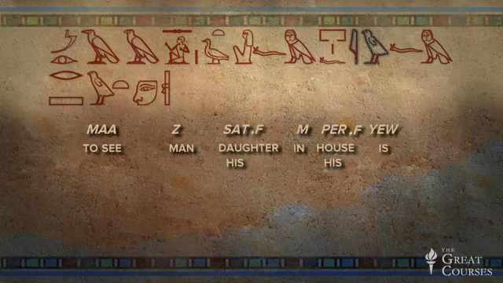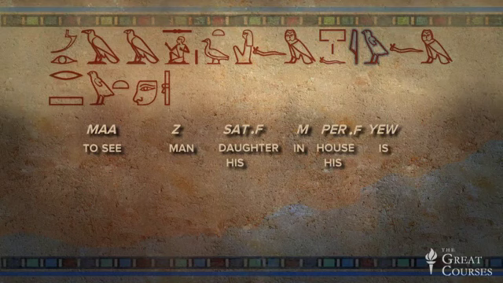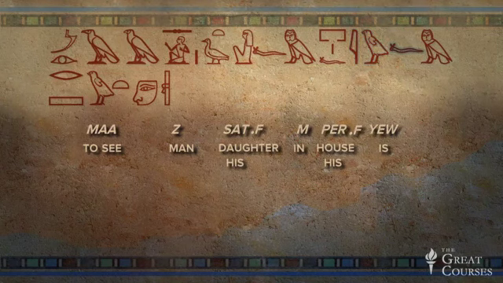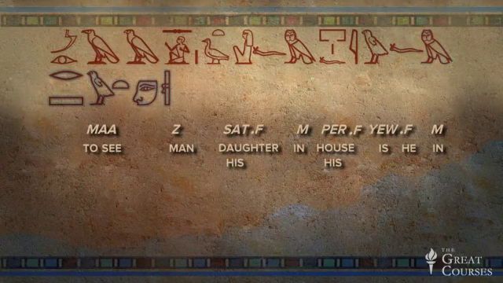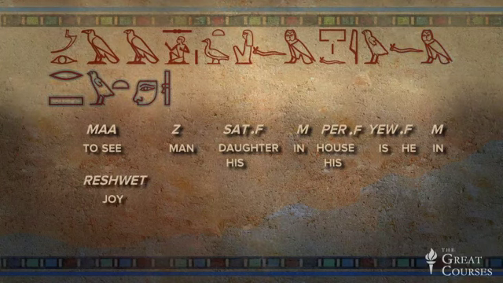So we have a compound sentence, one with 2 verbs and 2 subjects. After is, we have our viper again. So now we know the viper is he. Next is our owl again, and that's the word in. Our last word is the long one, reshwet, which means joy.